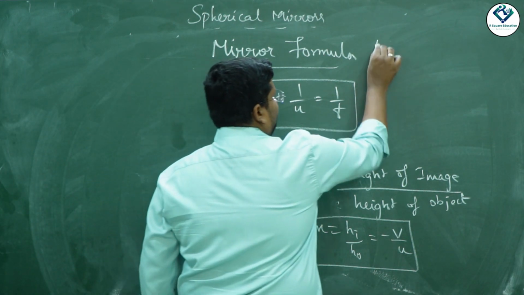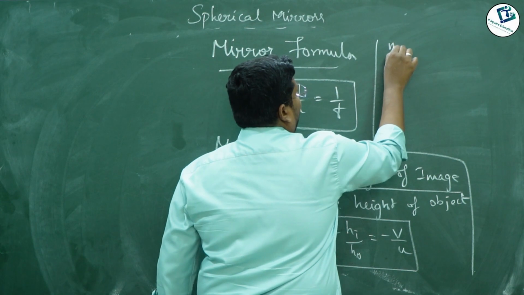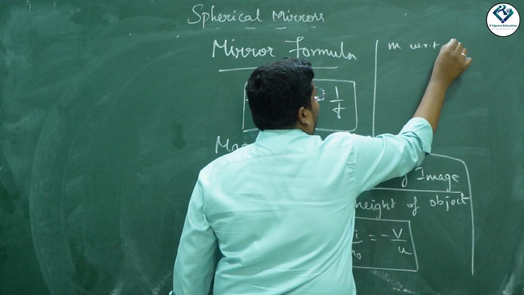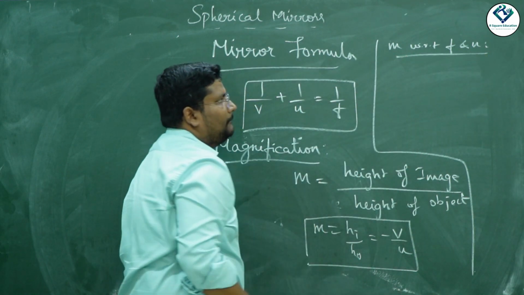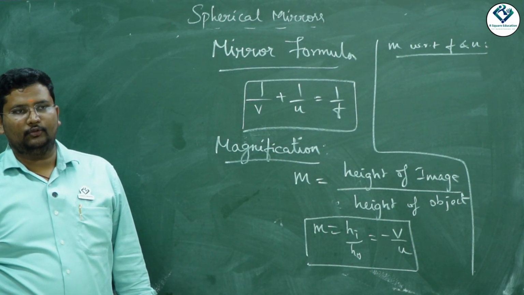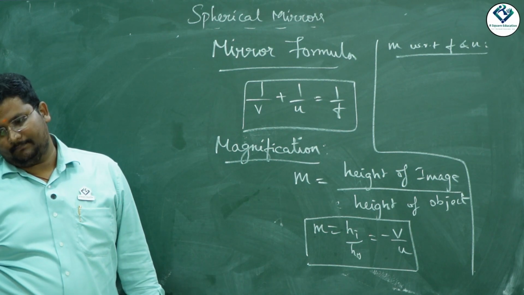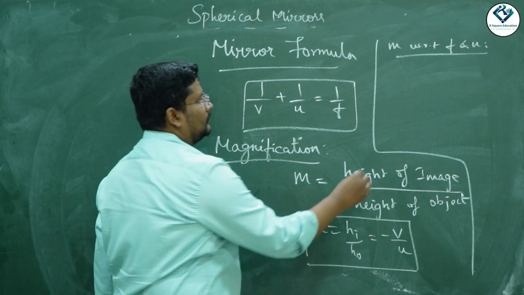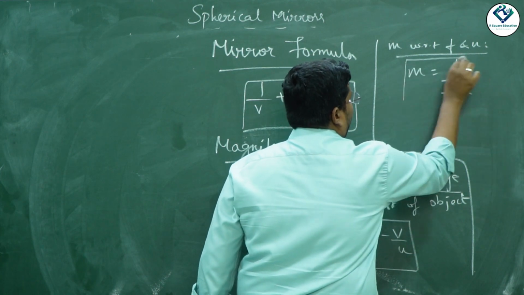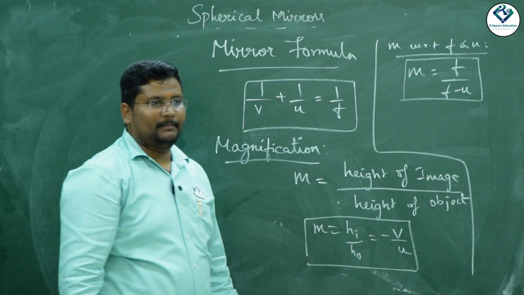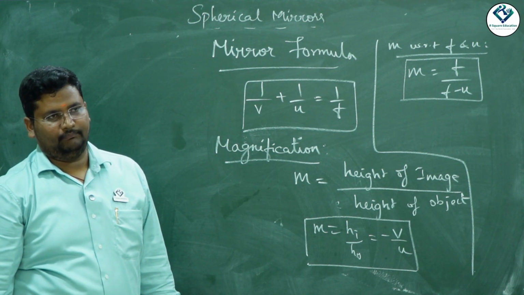So in that case, the magnification with respect to focal length and u, which means object distance, the formula is going to be m is equal to f by f minus u.